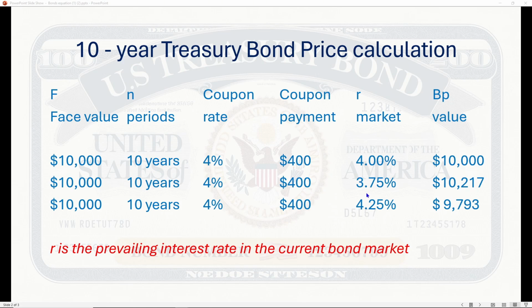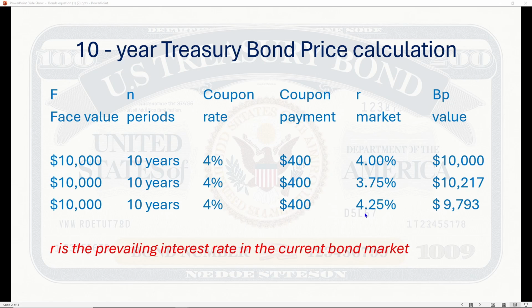Now let's say that the interest rate for new 10-year bonds hitting the market drops to 3.75%. Using the bond pricing equation, my bond has now increased in value to $10,217 because I have possession of a bond that is paying a higher interest rate than the prevailing market rate.